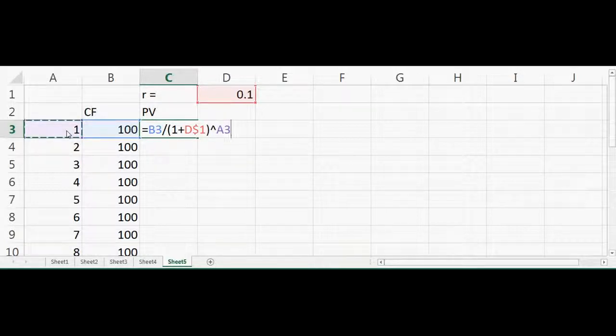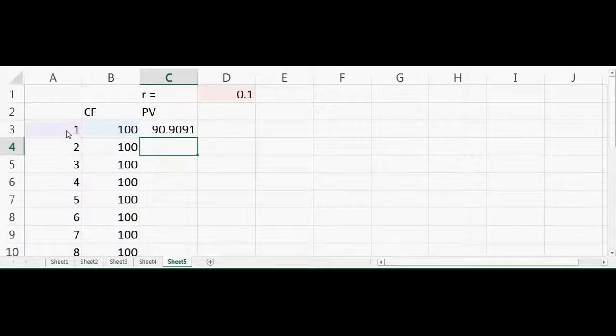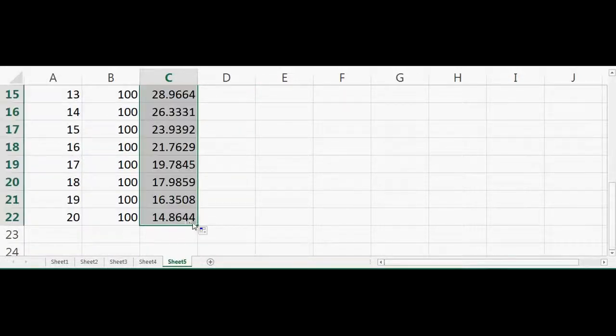For the first year it will be 1, and for the second year it will change accordingly. As you can see, the values are changing, so we can drag it down and see that the $100 we'll receive after 20 years is only equivalent to $14 received today, right?